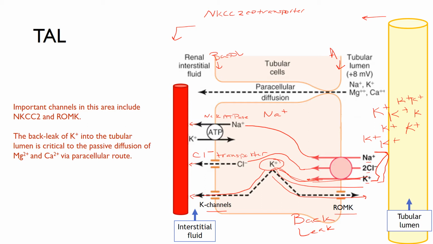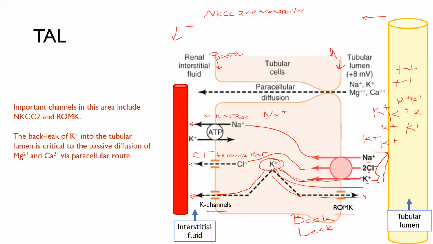Now note that the more potassium that back leaks, the more positive charges build up. So as our stuff ascends up the thick ascending limb, as we climb higher and higher, the tubular lumen grows more and more positive because of all this continued back leak of potassium.